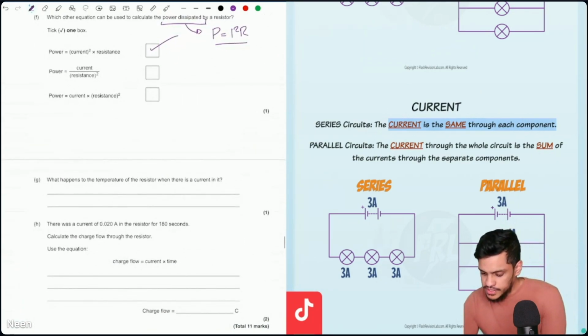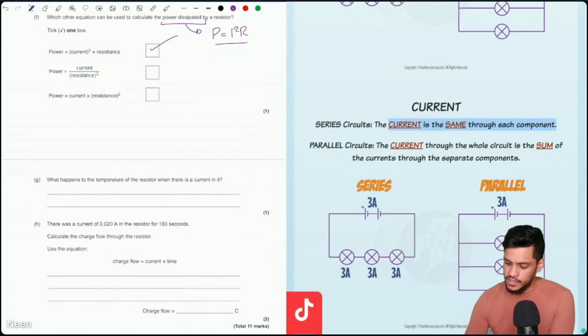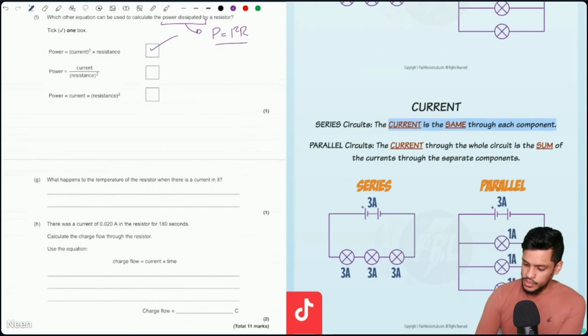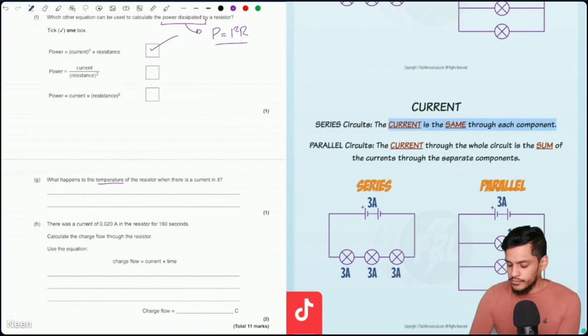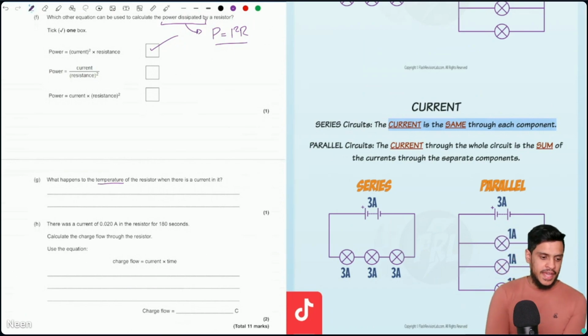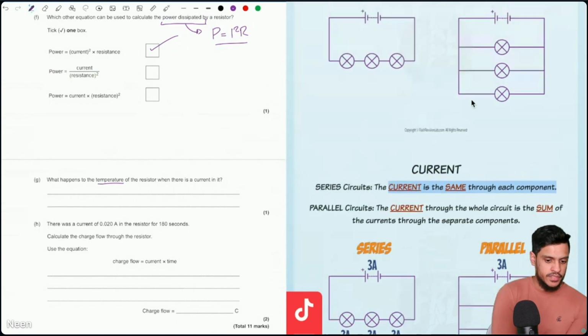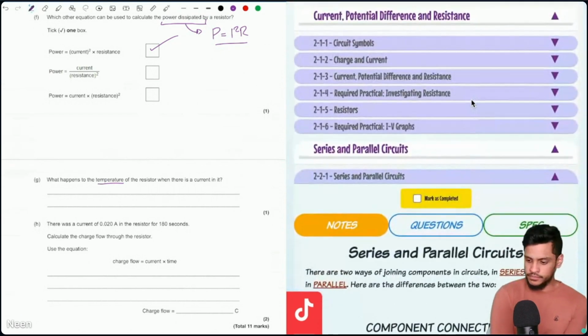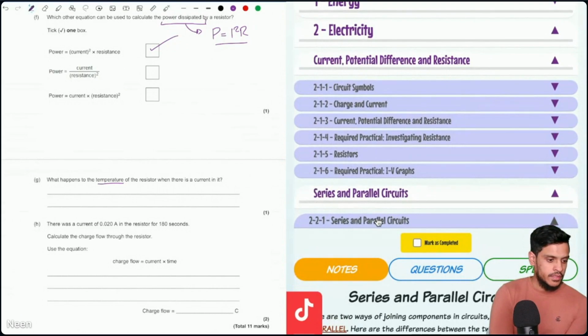What happens to the temperature of the resistor when there is a current in it? So whenever current flows through a wire or any component, like a resistor, what happens? I think I've got this explanation here somewhere. Any idea?